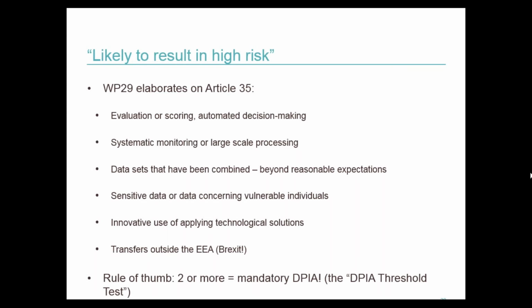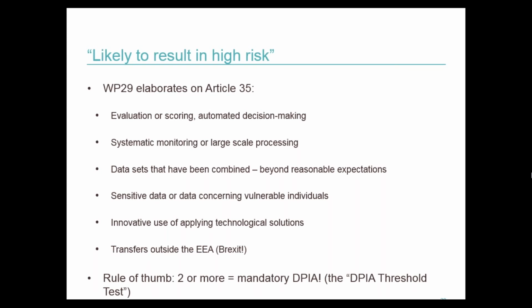An interesting one is the Working Party considers processing that involves combining two sets of data beyond individuals' reasonable expectations is also something that is high risk. And so if you think about that in practice, how might that affect what processing you wish to do?